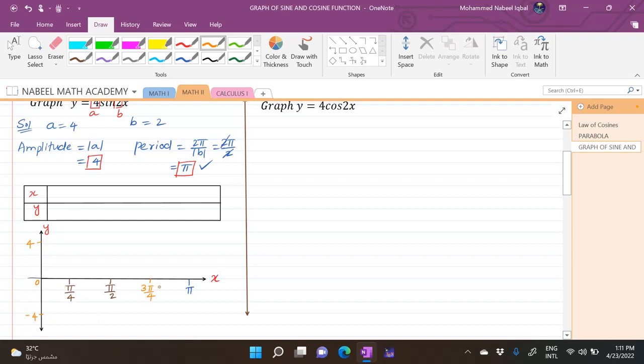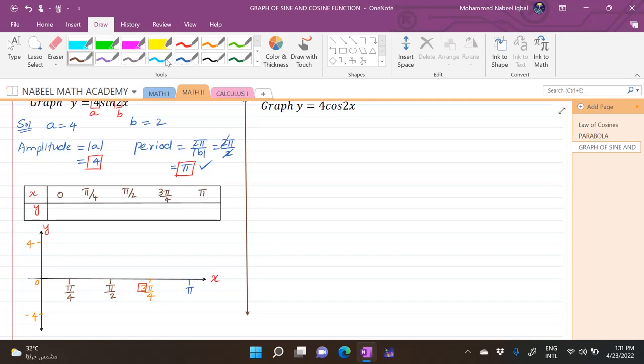These are fixed and the same for all problems. So you will get a series of x values: 0, pi over 4, pi over 2, 3 pi over 4, and then pi.